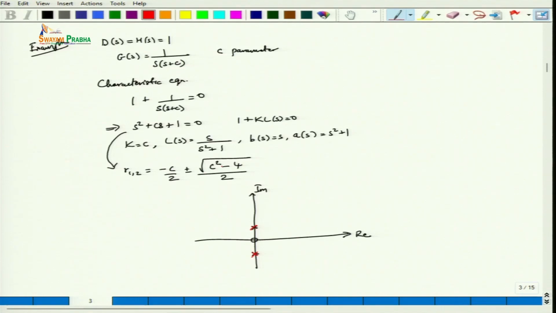And as you vary C, it will vary along this particular circle. So one part will look something like this, the other part, as you can see, will be symmetric, and as we go on increasing, you can find that one of them will go to this.